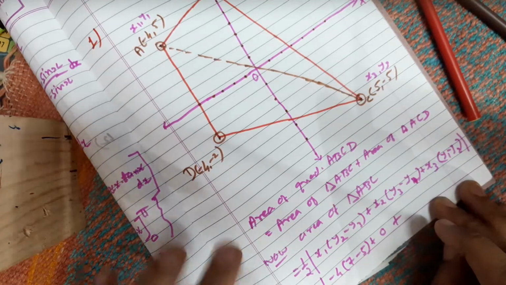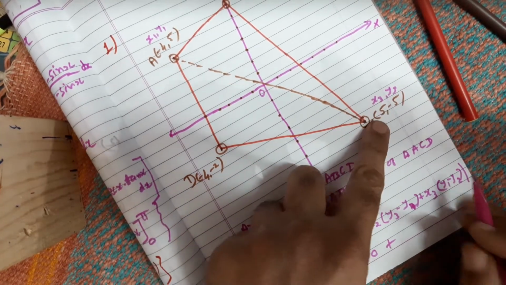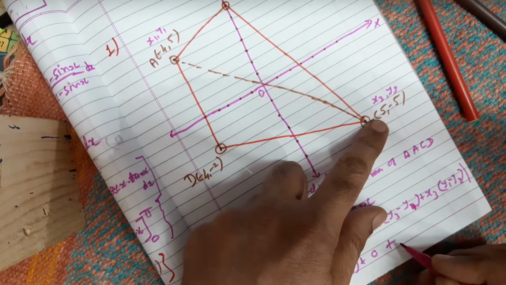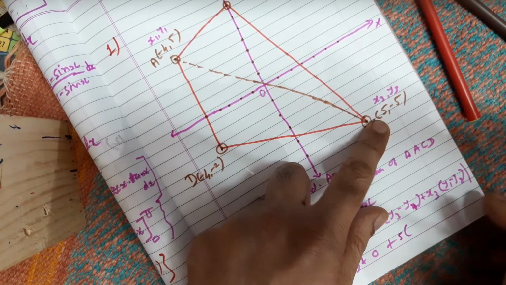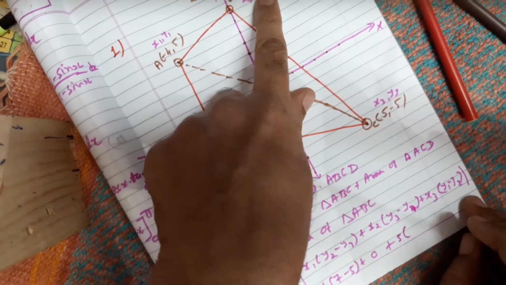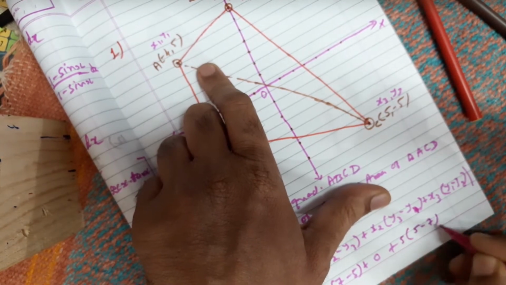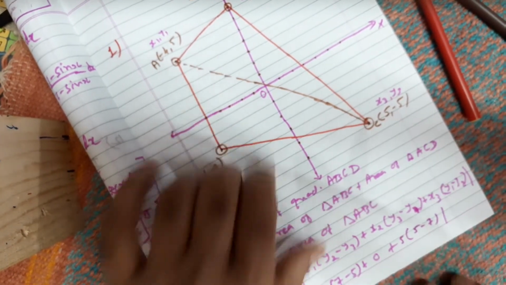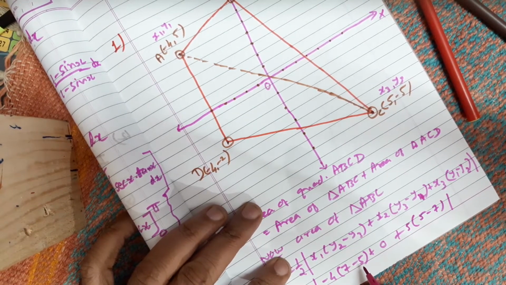Correct? Plus x3. Now x3 is 5. Okay, so 5 into (y1 minus y2). y1 is 5 and y2 is 7. So into (5 minus 7). Okay, clear? So now this is 7 minus 5, that is 2.